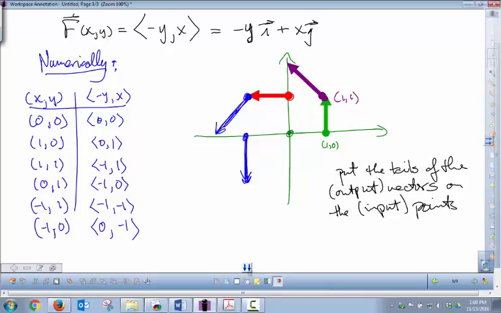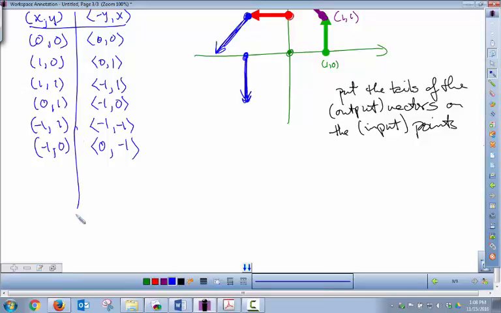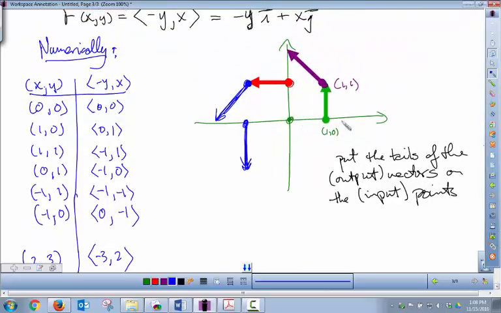And so if we try another one that's kind of further out, like, I don't know, 2, 3. So the output is -3, 2. So 2, 3 is over here, and -3, that's negative in the x, positive in the y, so it'll probably be going up like this.